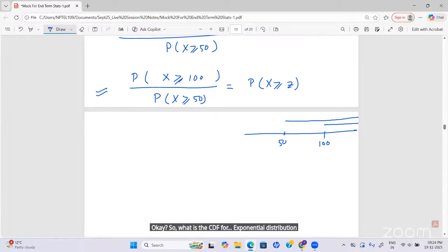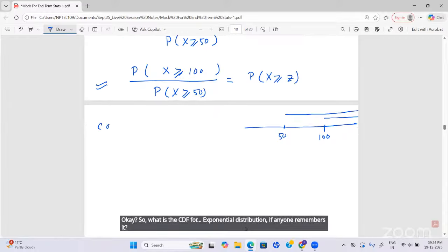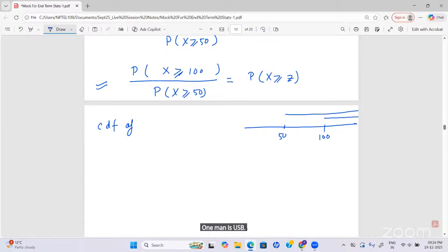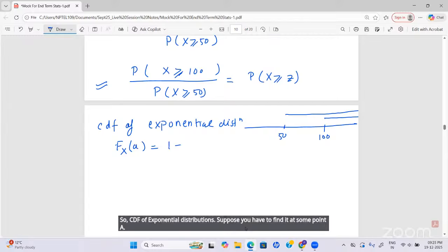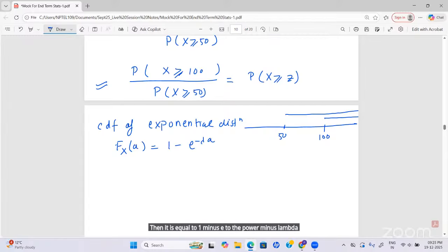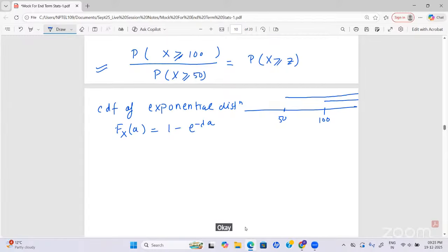It is 1 minus e raised to minus lambda x. So the CDF of exponential distribution at some point a is equal to 1 minus e to the power minus lambda a. Okay, so we can use this formula here directly.